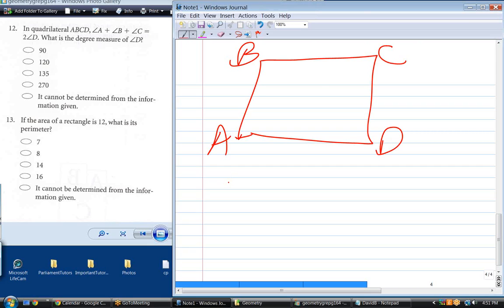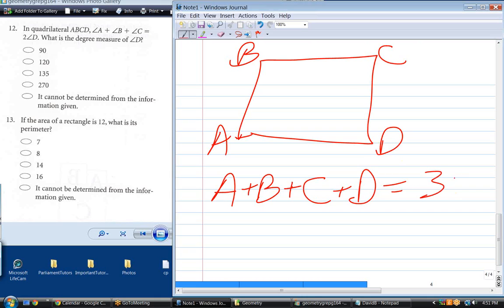Let's just use, instead of adding letters, what do I know for sure? A, B, and C are the exact same. A plus B plus C plus D add to what? Oh, equals 2D. Sorry, I wasn't looking at 360. Right.